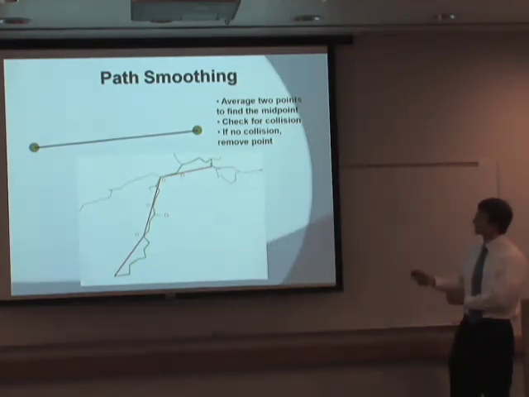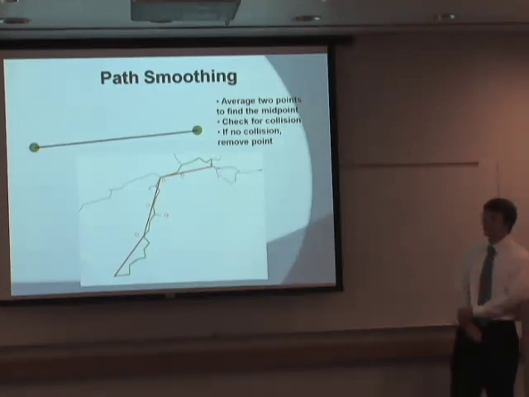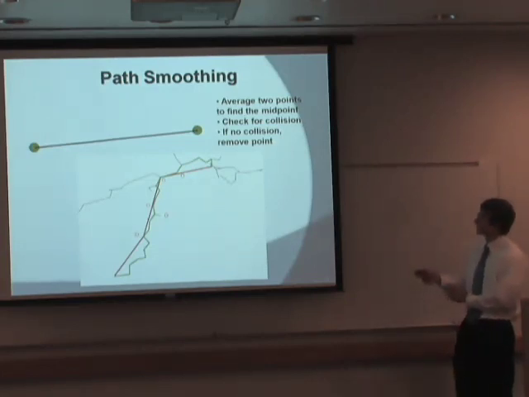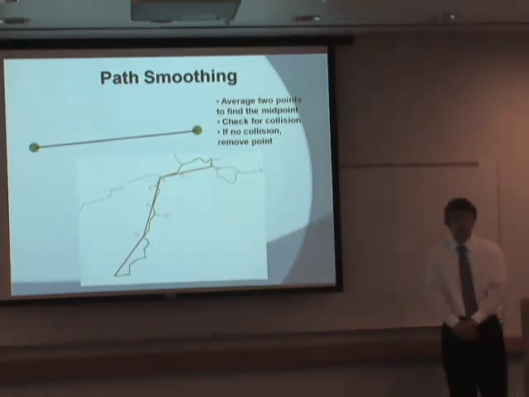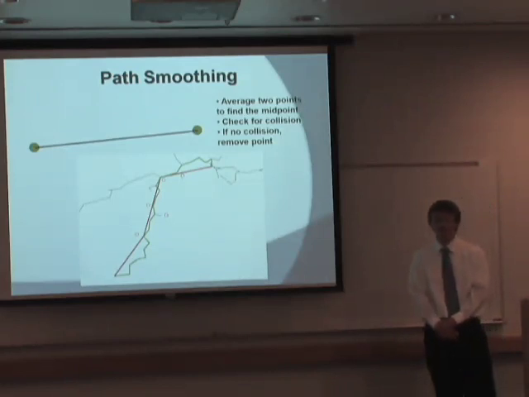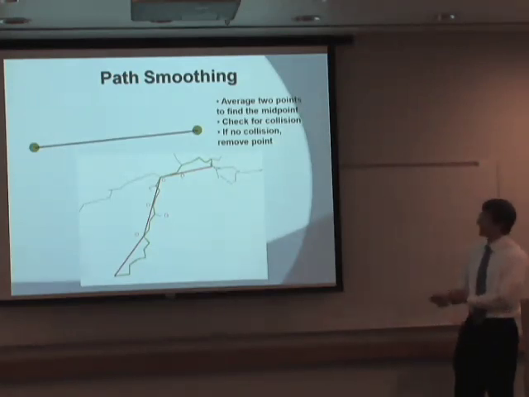Here's an actual screenshot of the RRT and its path smoothing. The green line here is the original path that it calculated, and as you can see, it's real jagged. If the arm were to follow that path, it would be going through a lot of unnecessary motion and be very inefficient. After the path smoothing algorithm, we've got the red line here.